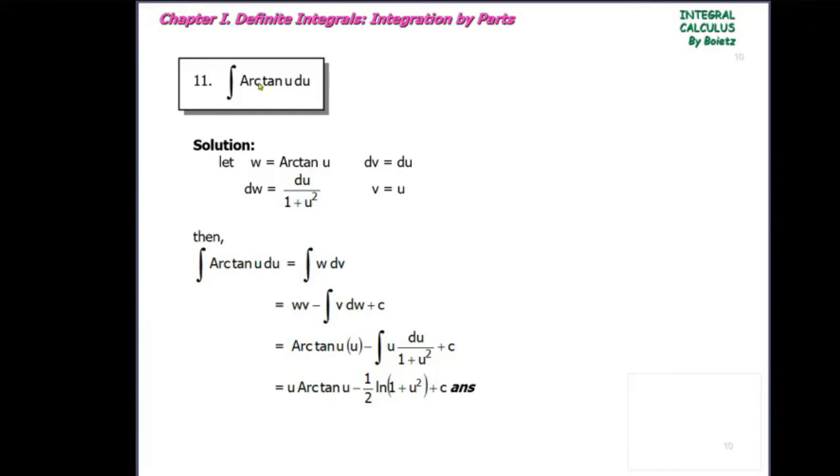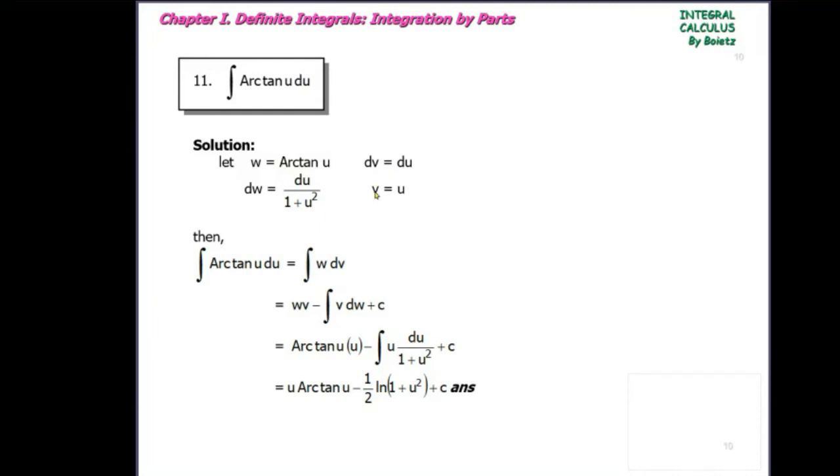So, your u is equal to arctangent u. Kaya lang kasi u ginamit dito, kaya W ang gagamitin ko. Where W is equal to arctan u, then dw is equal to du over 1 plus u squared. So, differentiate mo lang yung inverse trigonometric function, which is arctangent, and that is du over 1 plus u squared. Then, your dv is equal to du.